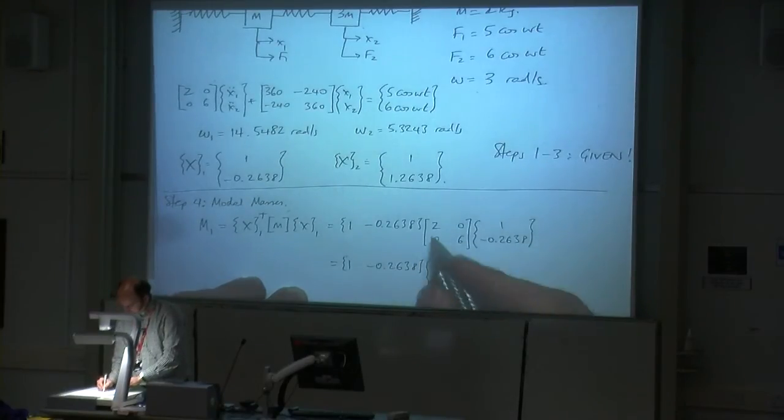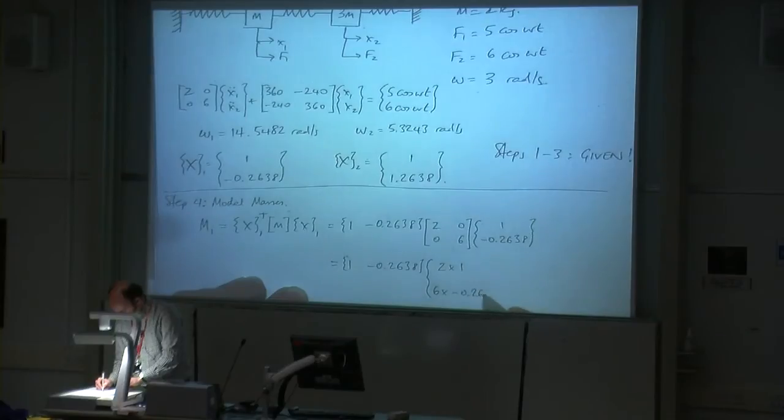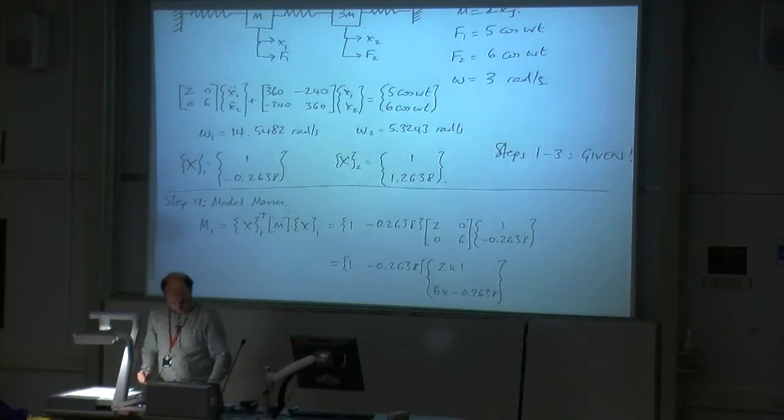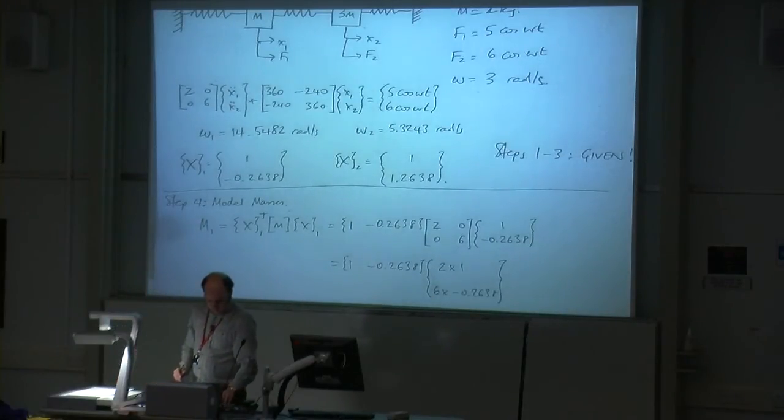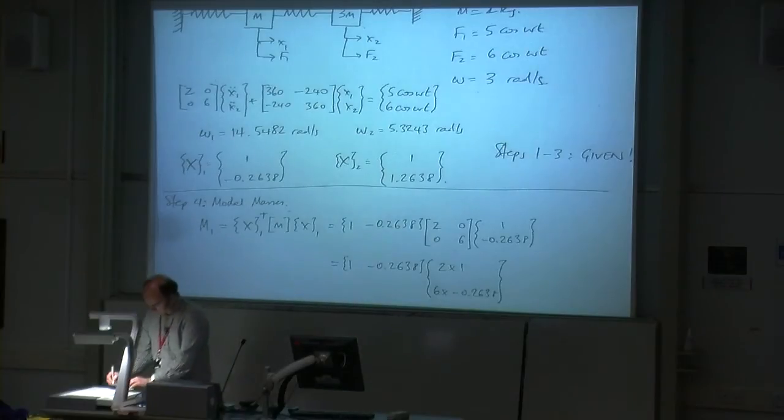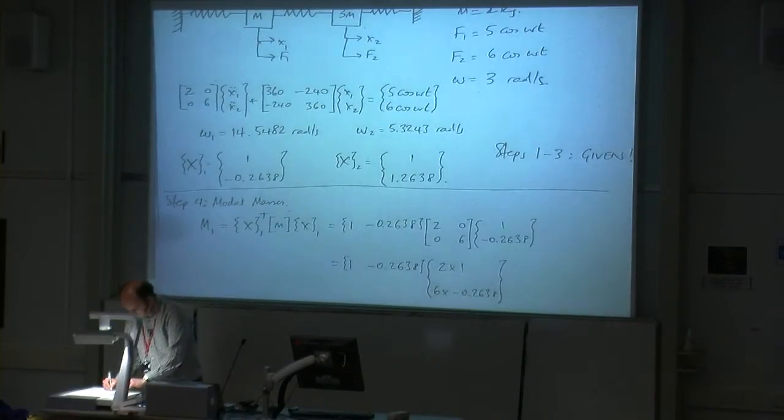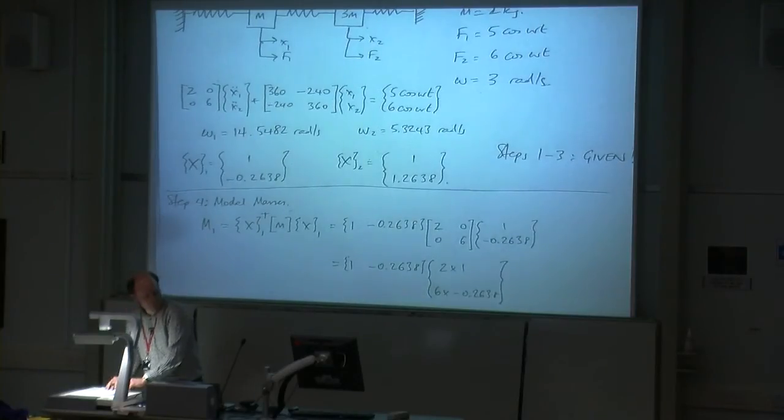These two multiply together. You've got 2 times 1 and you've got 6 times minus 0.2638. And if you do the sums, that should come out to be 2.4174.